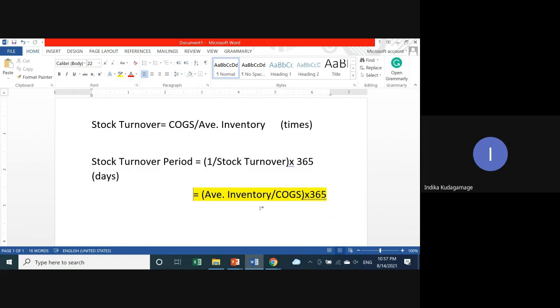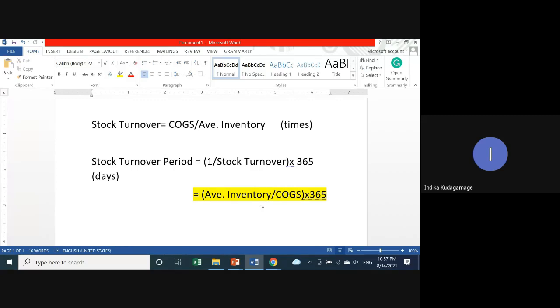No, it is obsolete stock. We can't use it, just scrap value. When you take out that part, the stock turnover came down to 120 or something like that. Then it is reasonable. 200-odd days is not reasonable.